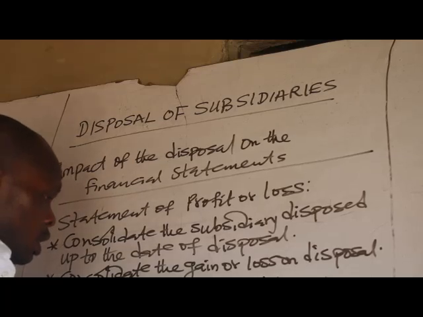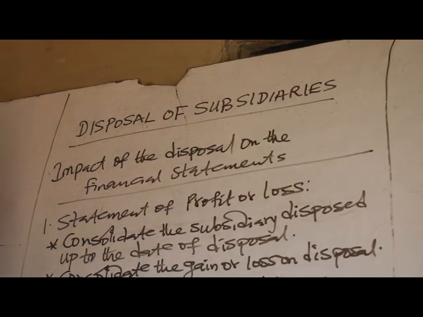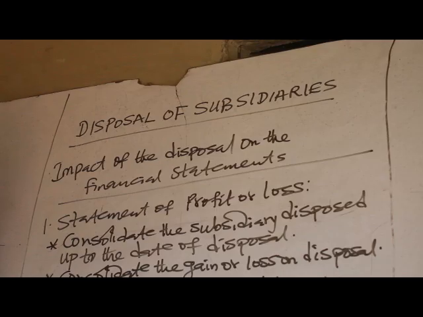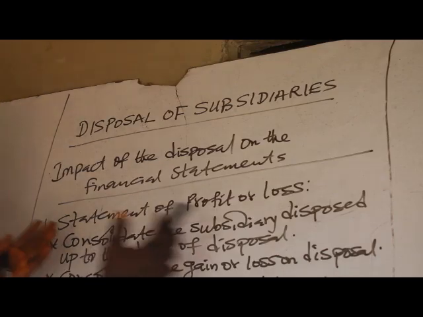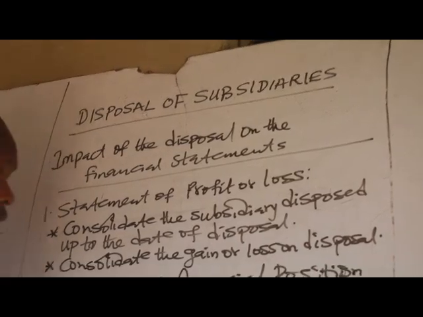That is, in the case of full disposal and the disposal that leads to loss of control, maybe where significant influence will be retained thereafter. So you are going to apply this.